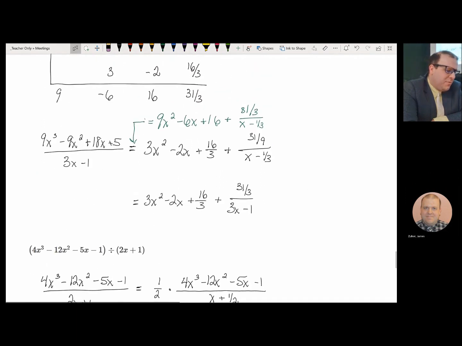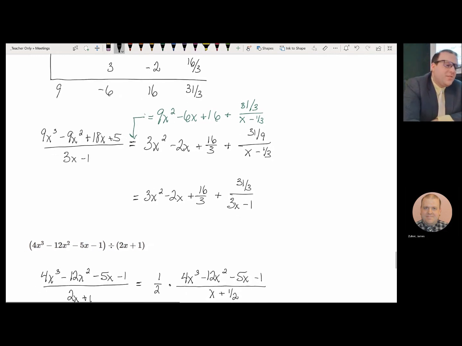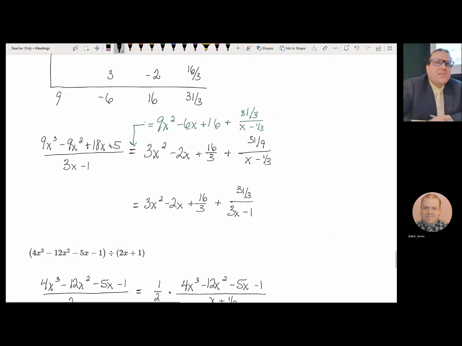So again, if you actually look at it, that remainder didn't change, did it? Thirty-one thirds. Maybe the remainder doesn't change. You just have to be careful when you rewrite it.